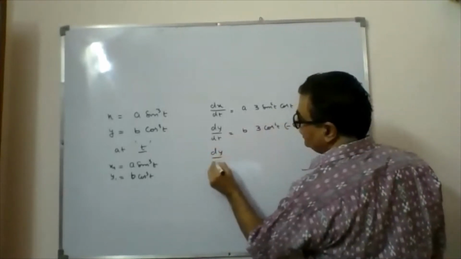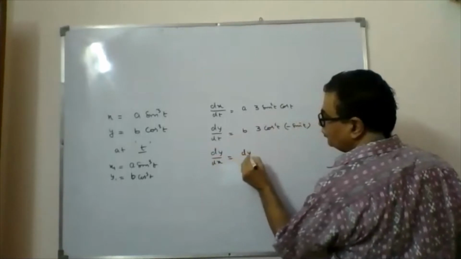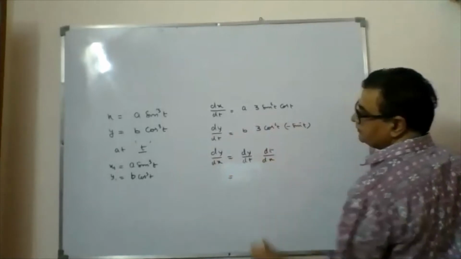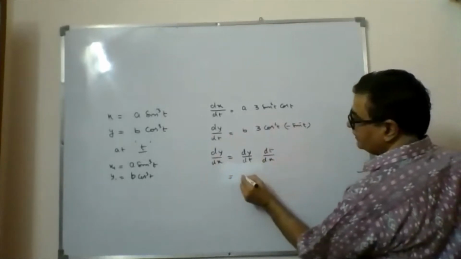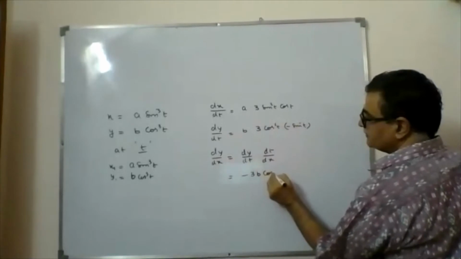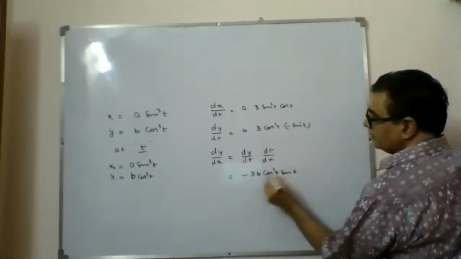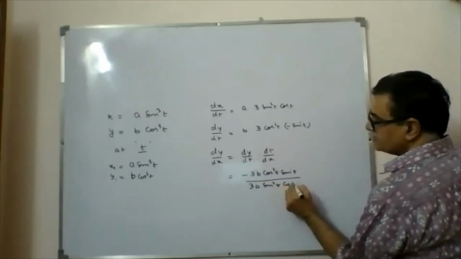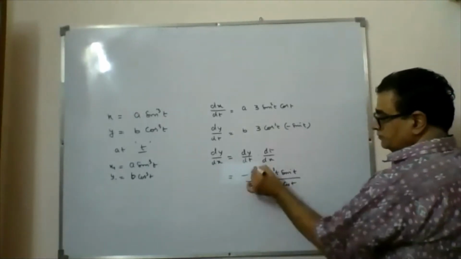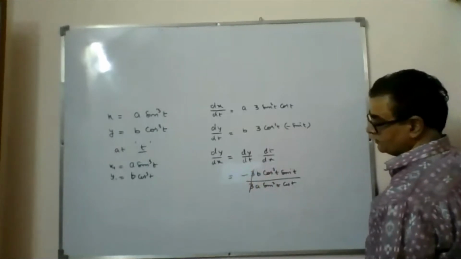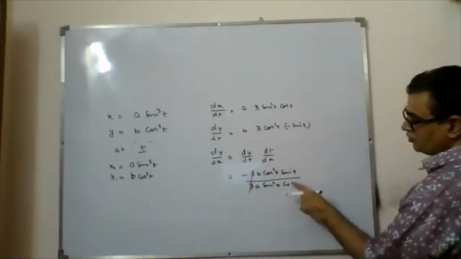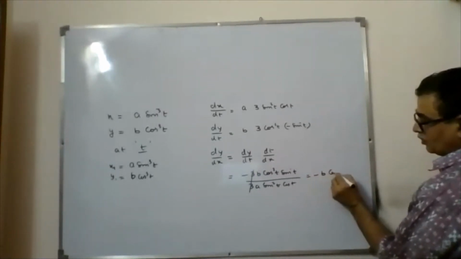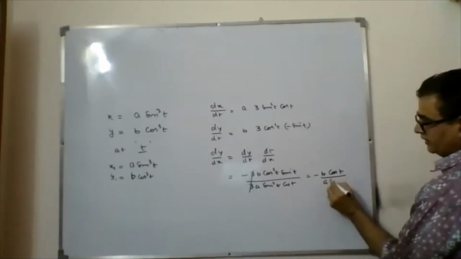Then dy by dx will be dy by dt into dt by dx. That is minus 3b cos squared t sin t whole divided by 3a sin squared t cos t. 3 can cancel out. One cos gone, one sin gone. So what is left is minus b cos t by a sin t.